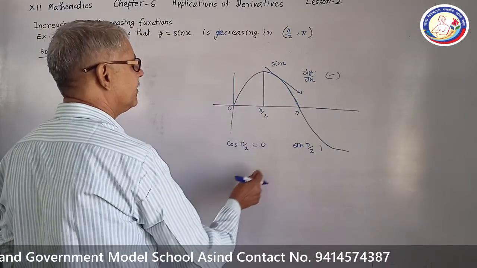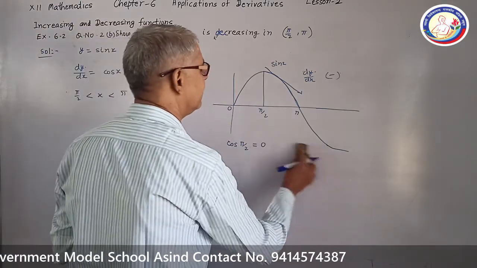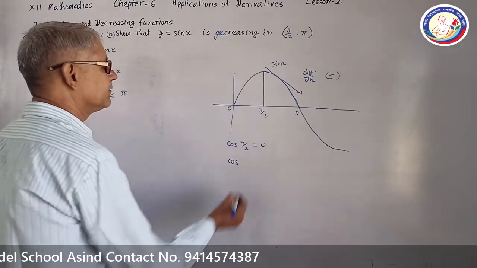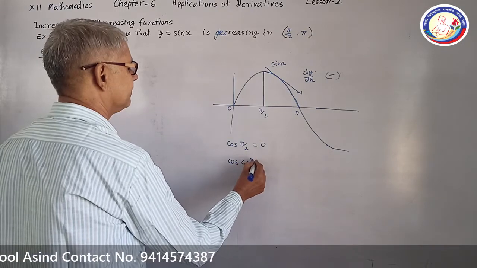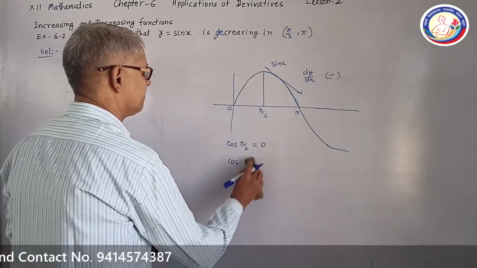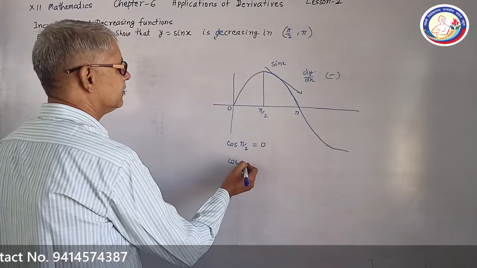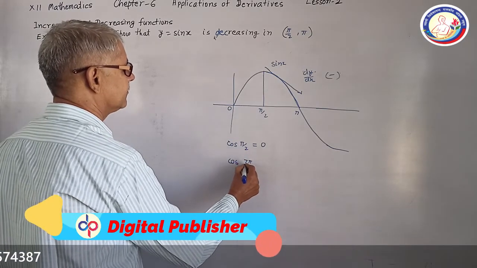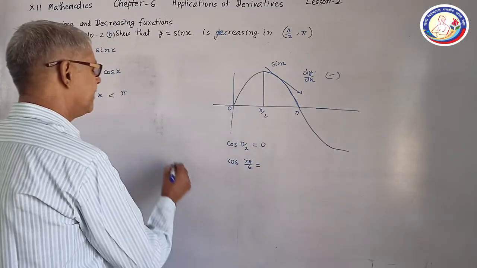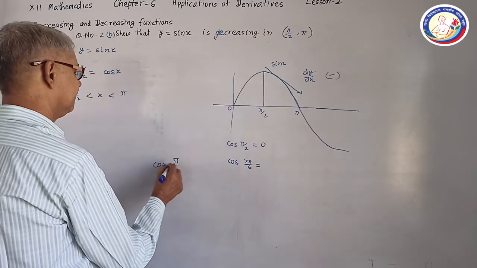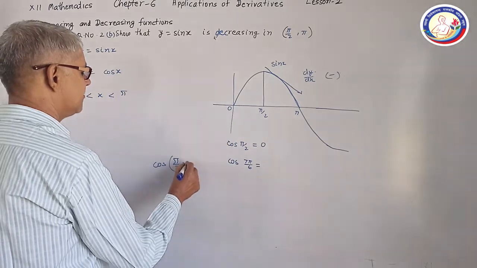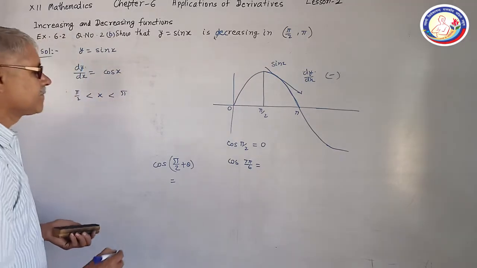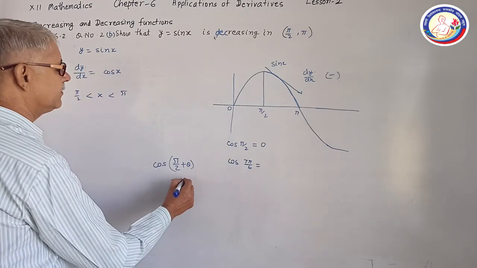Now for derivative, we will take only derivative here, and cos of pi by 2 plus pi by 6, that is 7 pi by 6. Cos of pi by 2 plus theta is minus sin theta.